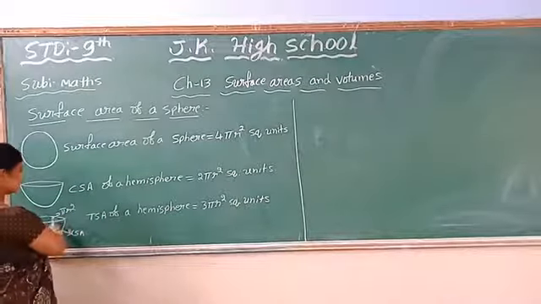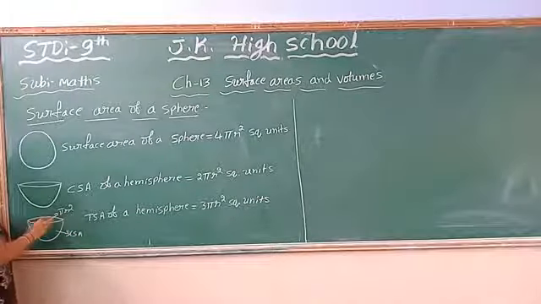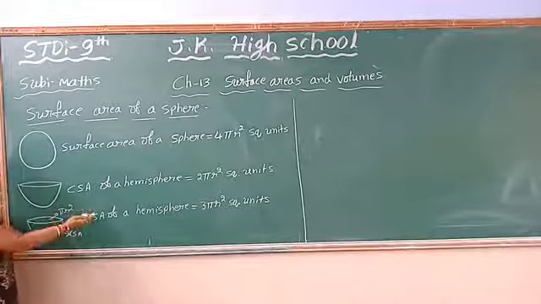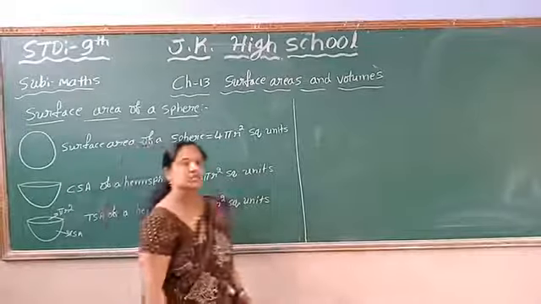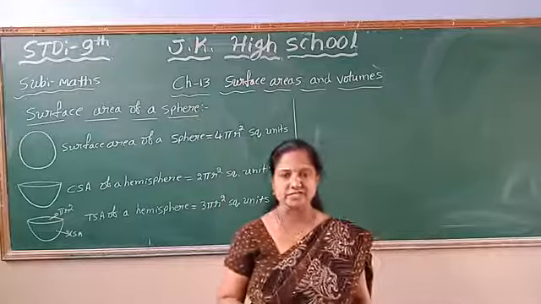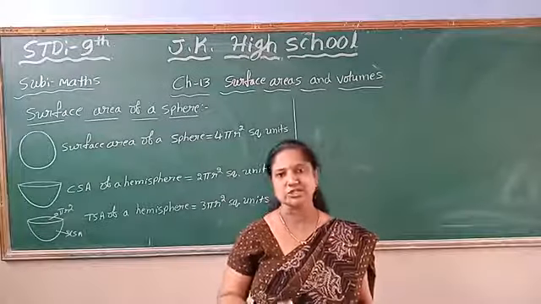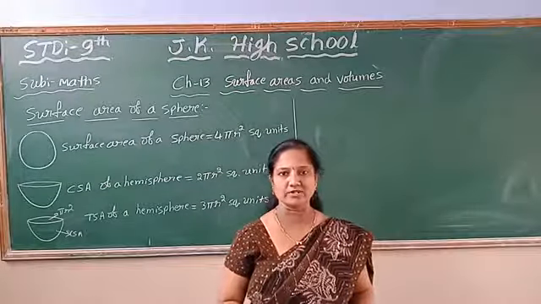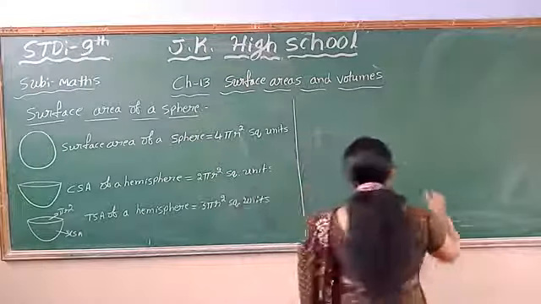The total surface area of a hemisphere is the curved surface area plus the area of the base on top, so this is nothing but 3 pi r square. By using these three formulas, we have to solve exercise 13.4.